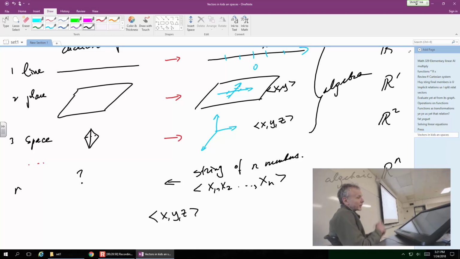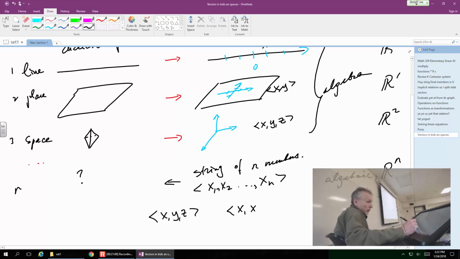But let's just keep in mind the big picture. You know that you're going to run out of letters sooner or later. So you can just as well write it as x1, x2, x3, indicating that you have 3 numbers separated by commas. So it's 1, 2, 3. All of these are 3D vectors.